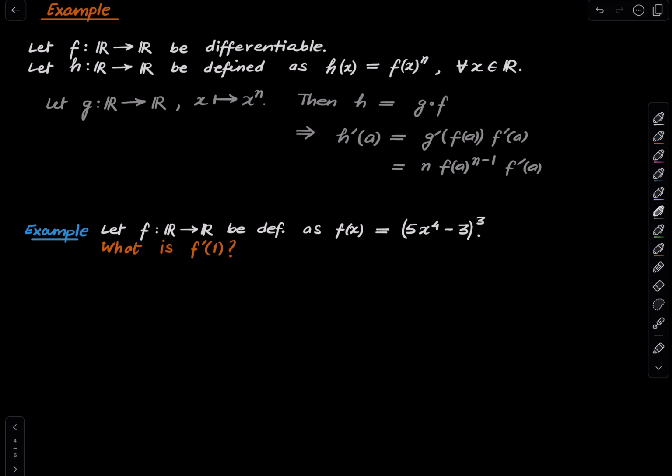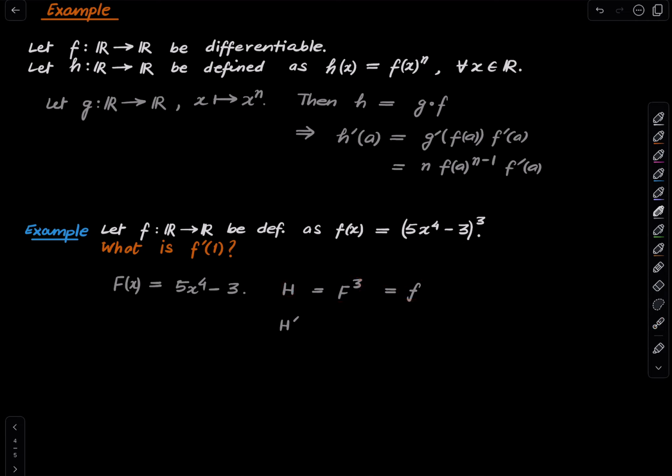So I think you get it. I mean, define capital F as this value, and then capital H is capital F to the power 3. So we are interested in the derivative of H. I mean, F power 3 is nothing but little f, so I'm just changing the notation.